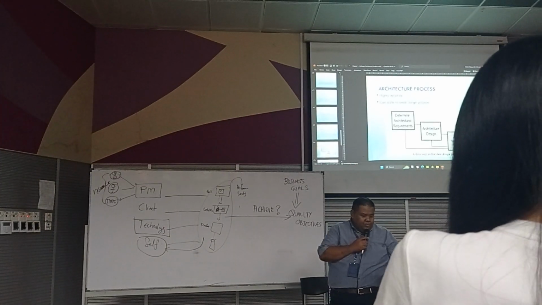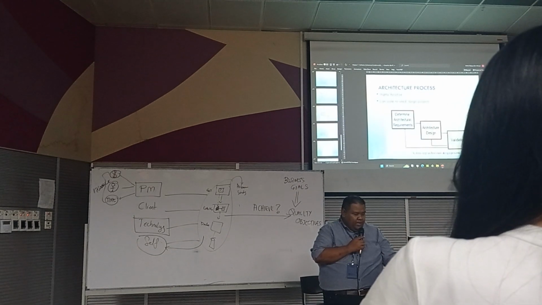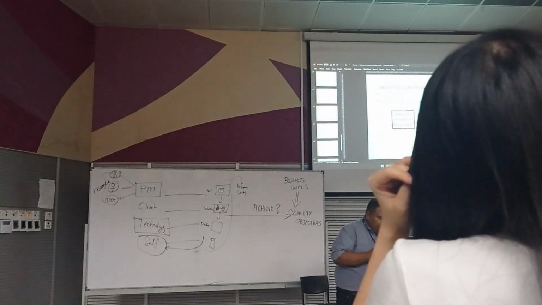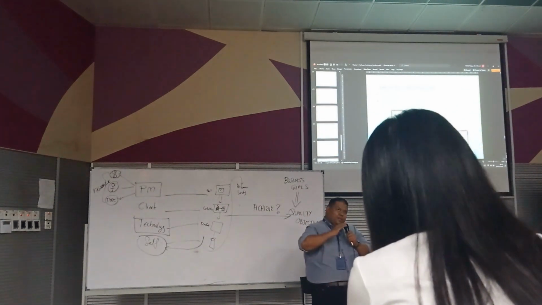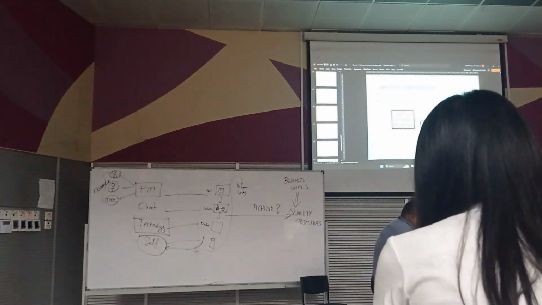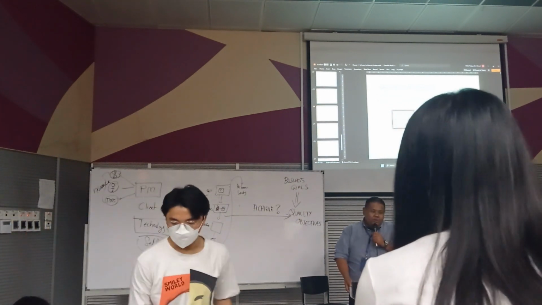So, architecture process. Architecture process is not a linear process. Meaning that you don't simply get an architecture by having one discussion, one shot, and then, oh, I'm done, my architecture is already complete. We don't do that.